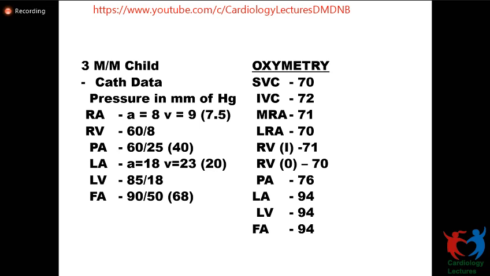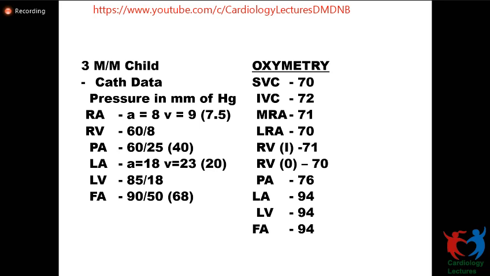Yes, because the right atrial A wave is 8 and the RV diastolic pressure is 8, so there is no gradient across the tricuspid valve. The RV systolic pressure is high, 60. Pulmonary artery systolic pressure is also high, 60, and there is no gradient across the pulmonary valve. The mean pulmonary artery pressure is 40, which is raised.